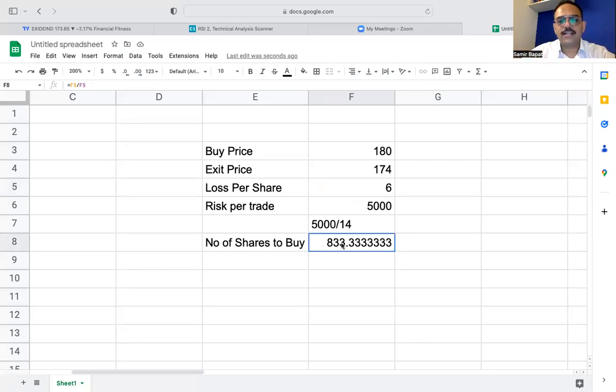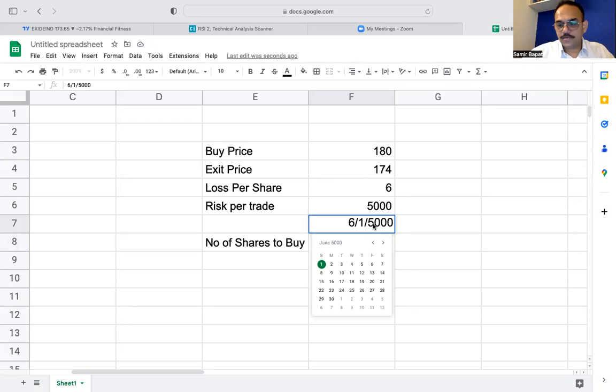So you have 833. Now it is 6, no? You have 6 here. 5,000 divided by 6. Oh, sorry. Below is the automated formula. Okay, so this is an automated formula. I'll automate this also. Just hold on.